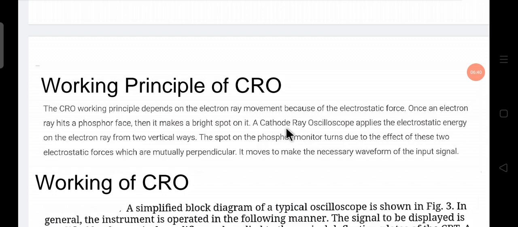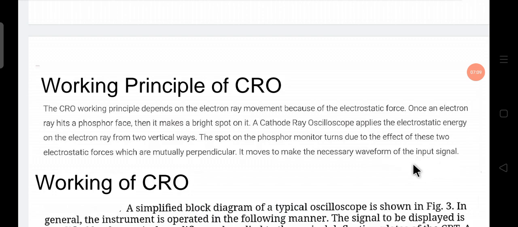A cathode ray oscilloscope applies the electrostatic force on the electron ray from two vertical ways. The spot on the fluorescent screen moves due to the effect of these two electrostatic forces which are mutually perpendicular, and it moves to make the necessary waveform of the input signal.